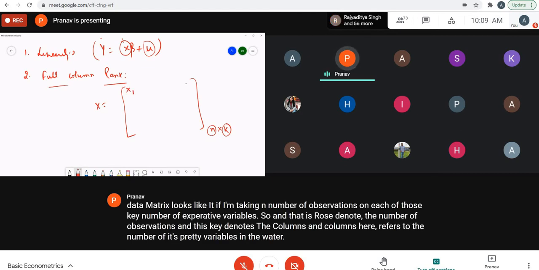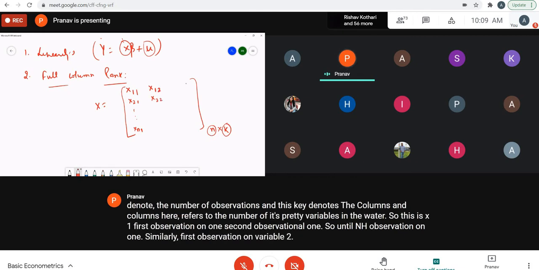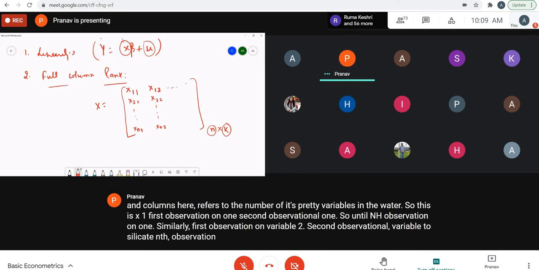So if this is x1, first observation on 1, second observation on 1, so on till nth observation on 1. Similarly, first observation on variable 2, second observation on variable 2 till nth observation on variable 2. So on, first observation on k, nth observation on k.